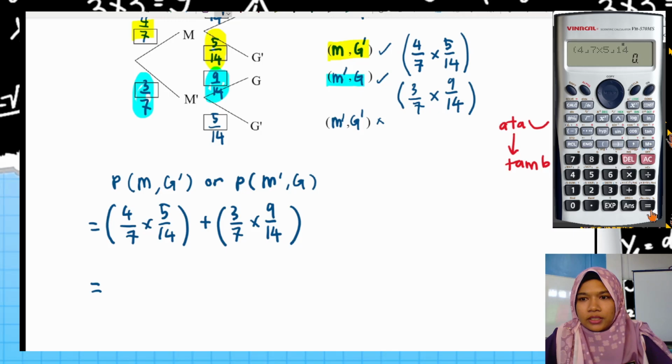Tutup bracket. Plus 3/7 times 9/14. Okay. So, answer is 47/98.